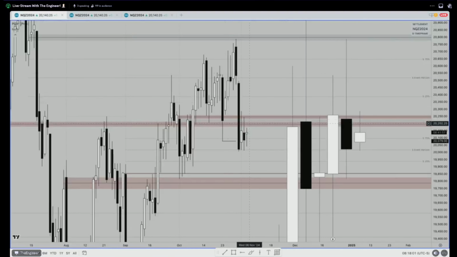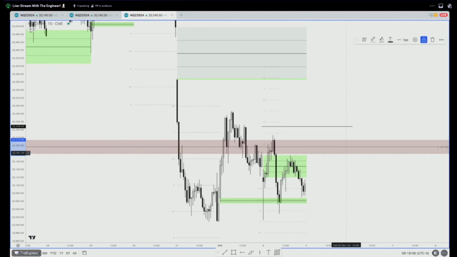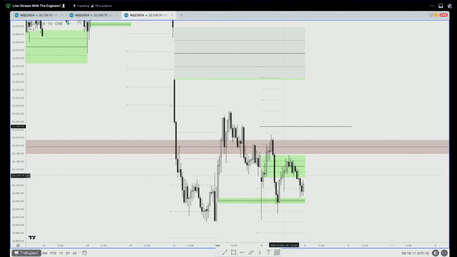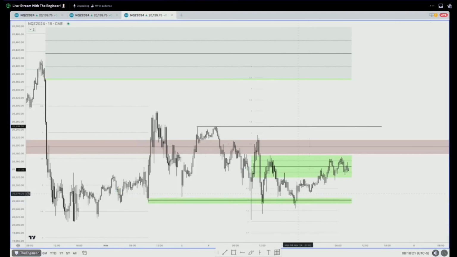Let's put this gap here. Okay, do you see how we respect this gap beautifully with the body, and nobody sees these gaps on just this chart? You see? Perfect.